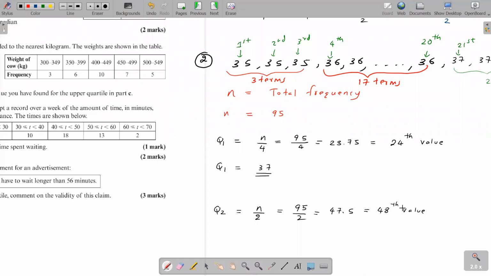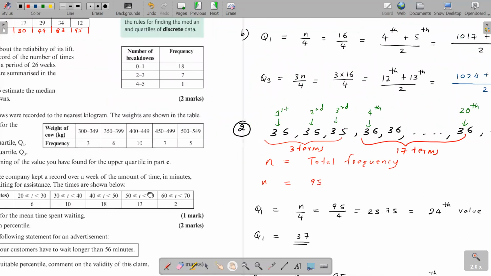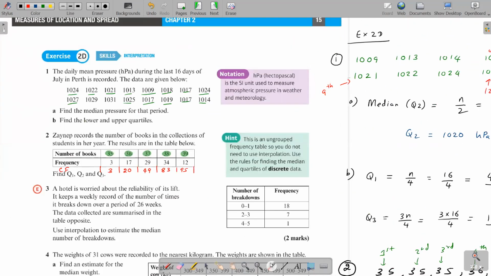Okay, so now let's pick the 48th value. I'm not going to go through the long method now. Let's go the easy way. Let's go to our table and find the 48th value by looking at the cumulative frequency. The first cumulative frequency, 3, did we pass 48? No. The next cumulative, 20, did we pass 48? No. Next, the cumulative frequency is 49.